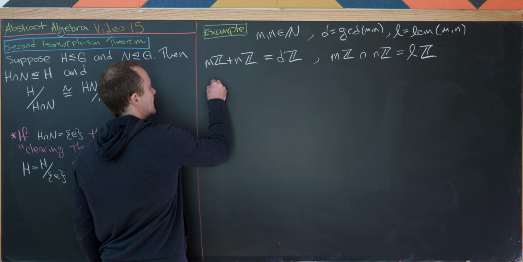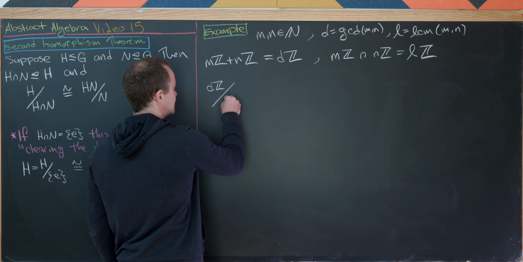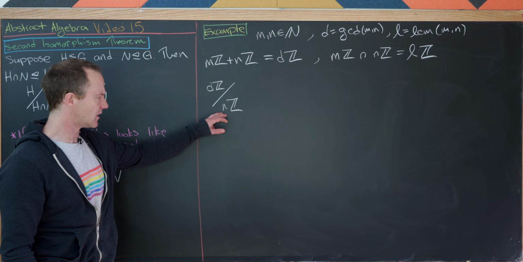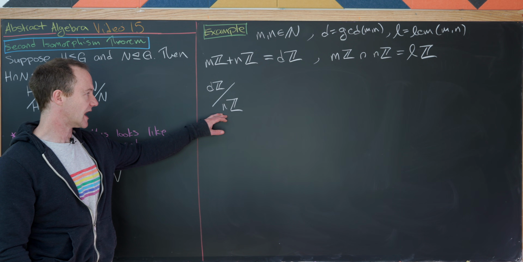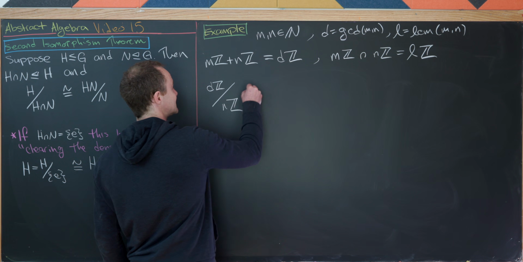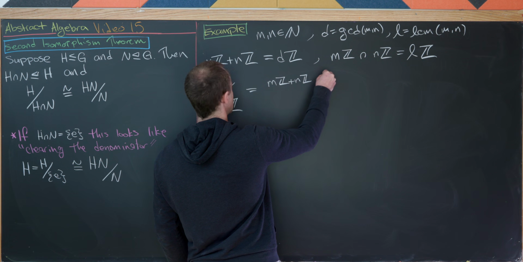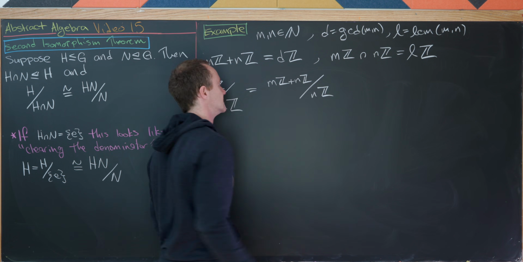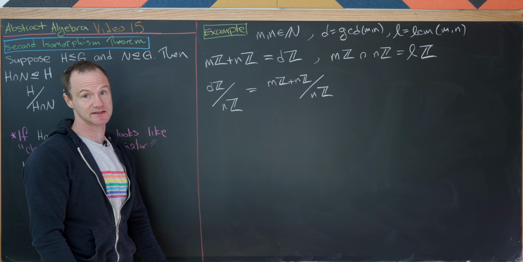Let's notice that if we take dZ mod nZ, first of all, notice that nZ is most definitely a subgroup of dZ, so this makes sense. So this is going to be equal to mZ plus nZ mod nZ, just making this replacement of dZ with mZ plus nZ.